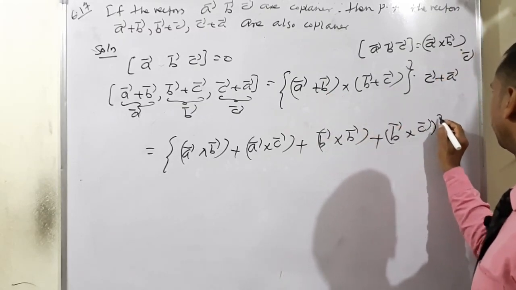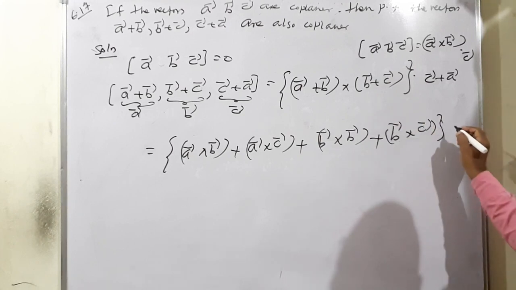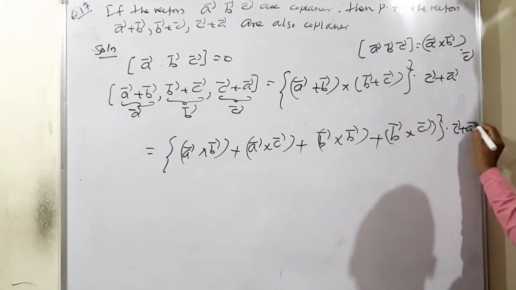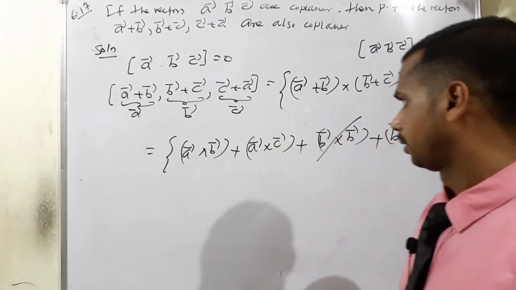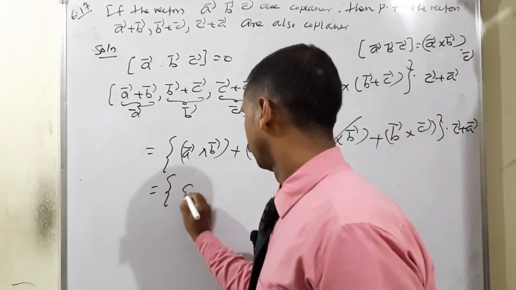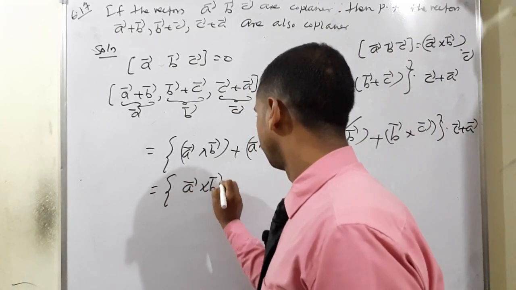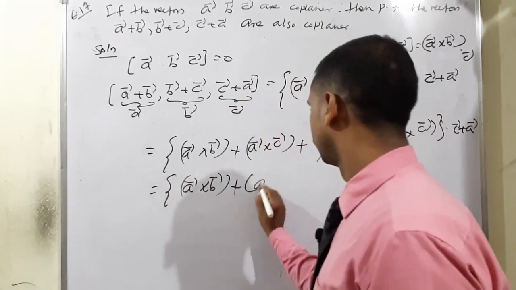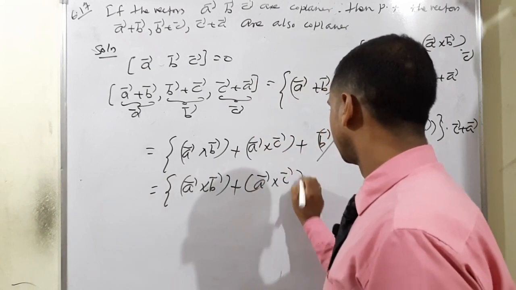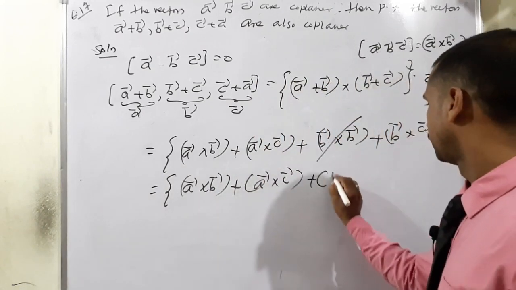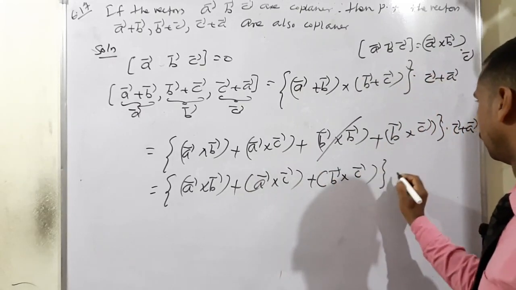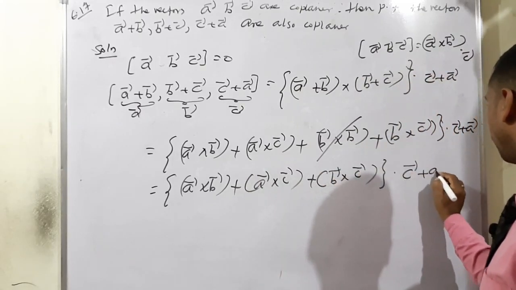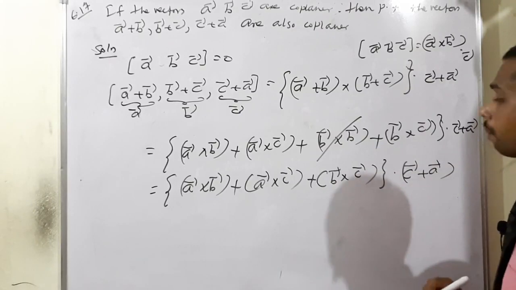Then outside, dot C vector plus A vector. Now the like terms we can cancel. Remaining: A vector cross B vector plus A vector cross C vector plus B vector cross C vector, then dot C vector plus A vector.